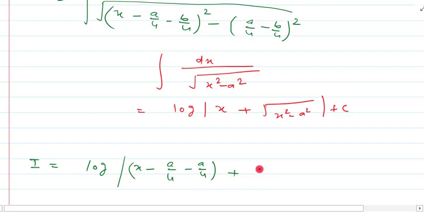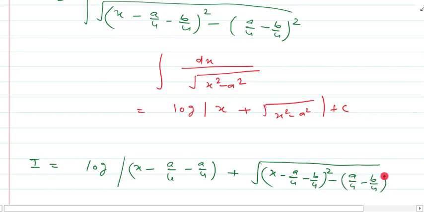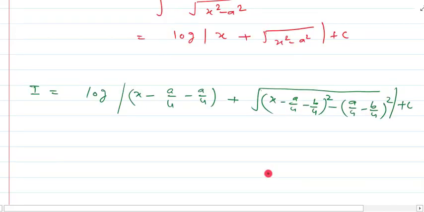Plus square root of the same (x minus a upon 4 minus b upon 4) whole square minus (a upon 4 minus b upon 4) whole square, because x square minus a square will be written as it is, with modulus, plus c.